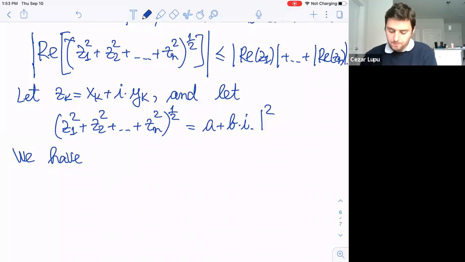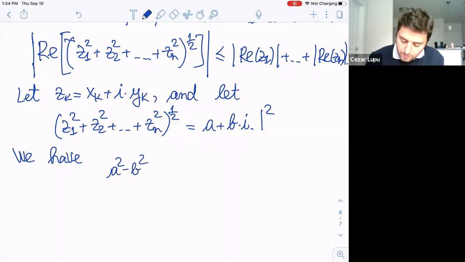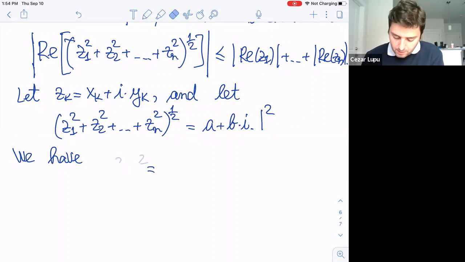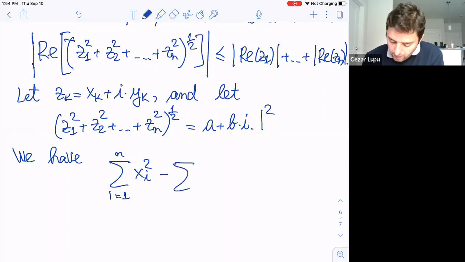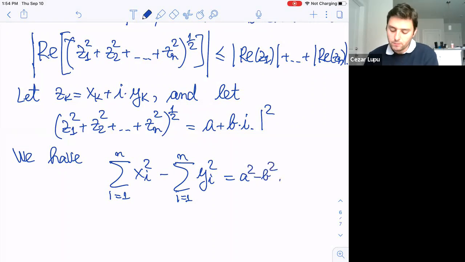So this will give us the following. The sum of x_i squared minus the sum of y_i squared is a squared minus b squared. This is what we're going to have.